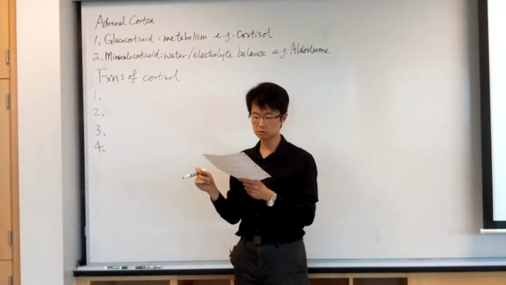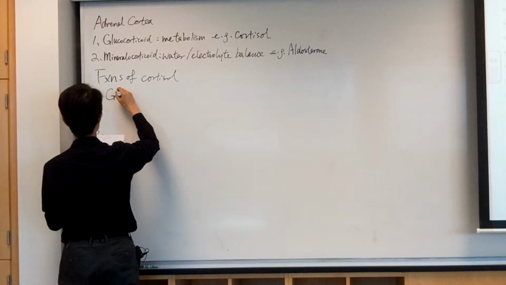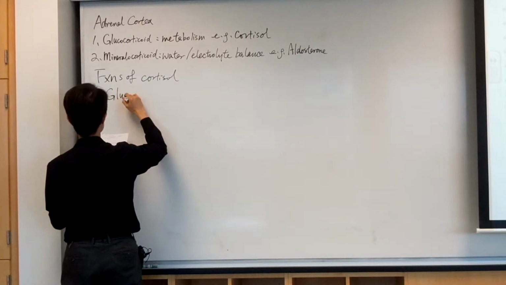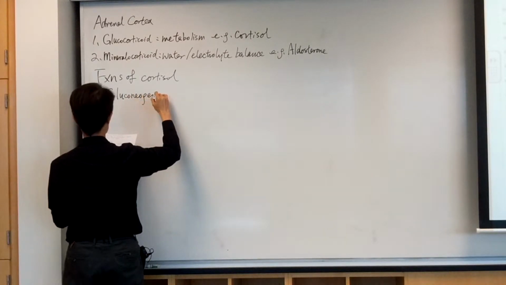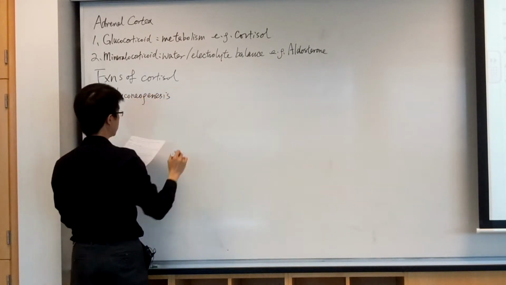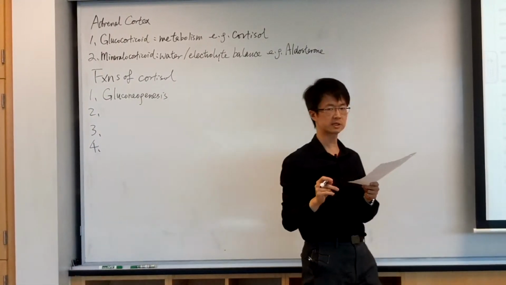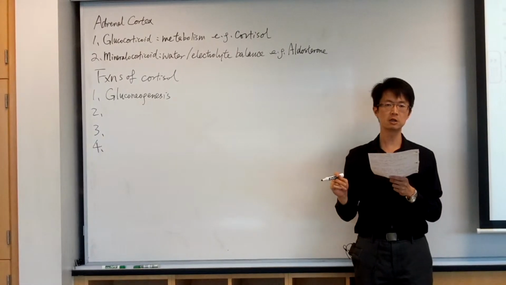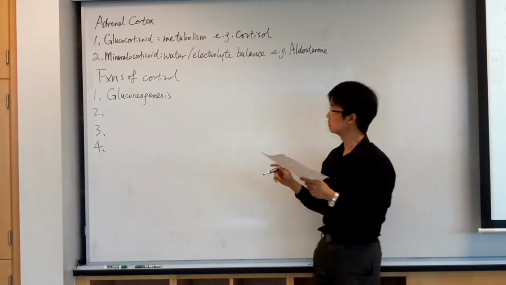Well, we can get more glucose by, of course, gluconeogenesis. Gluconeogenesis, where's the location? Do you remember the post-absorptive state video? Gluconeogenesis occurs in the liver.